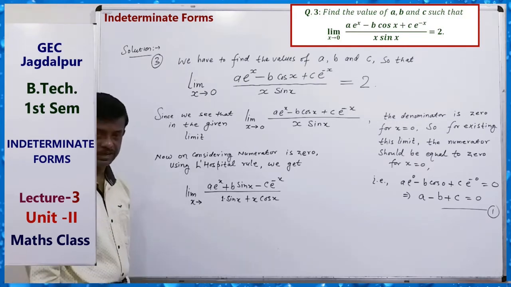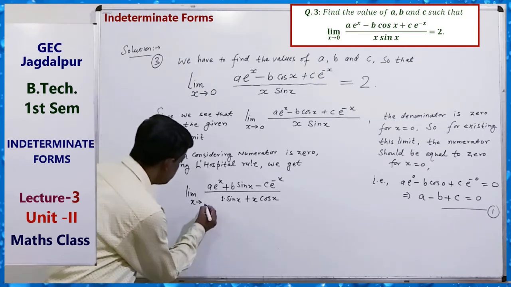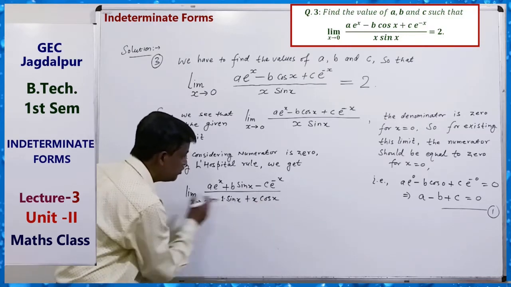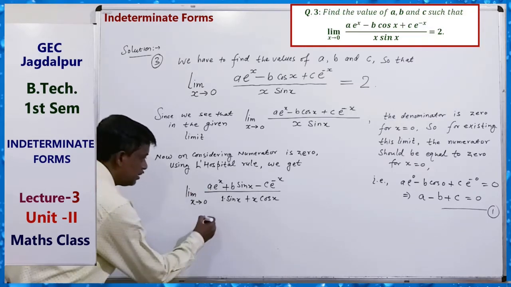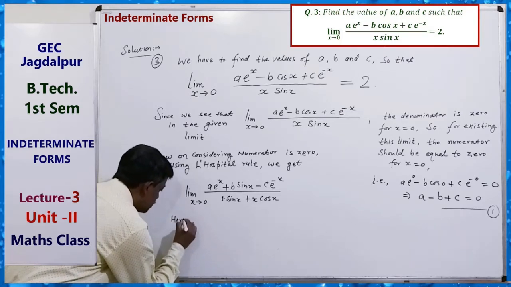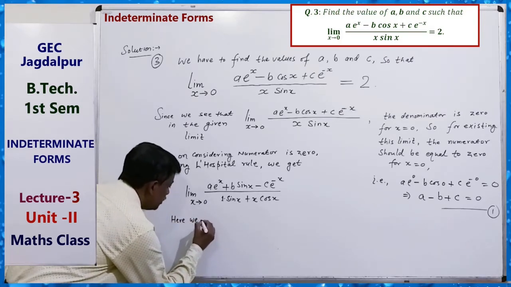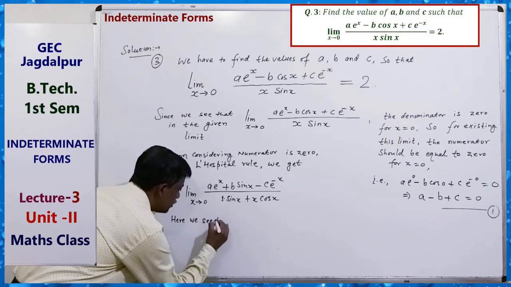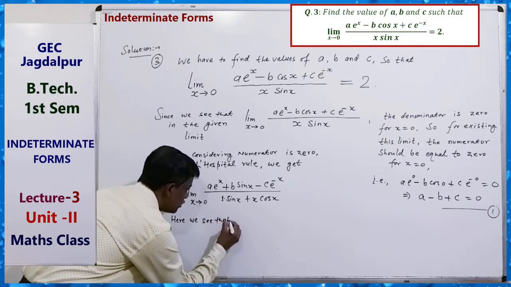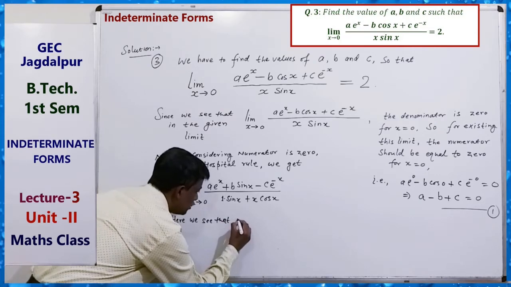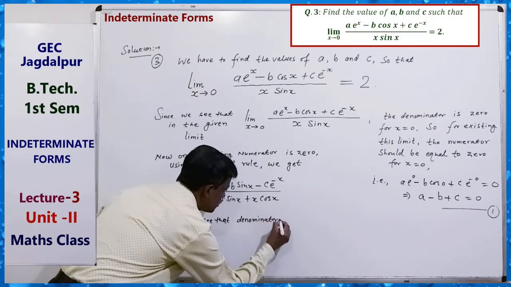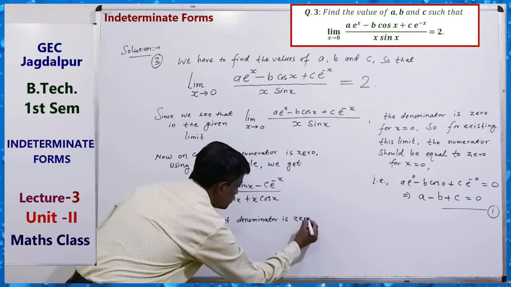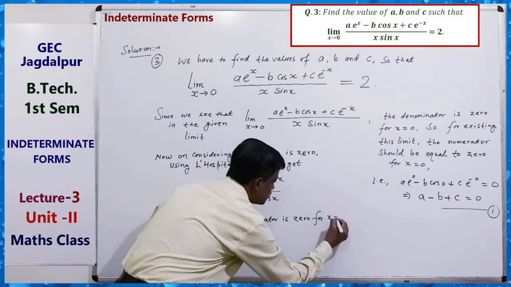Here also we see that as x tends to 0, the denominator is 0 for x equals 0.